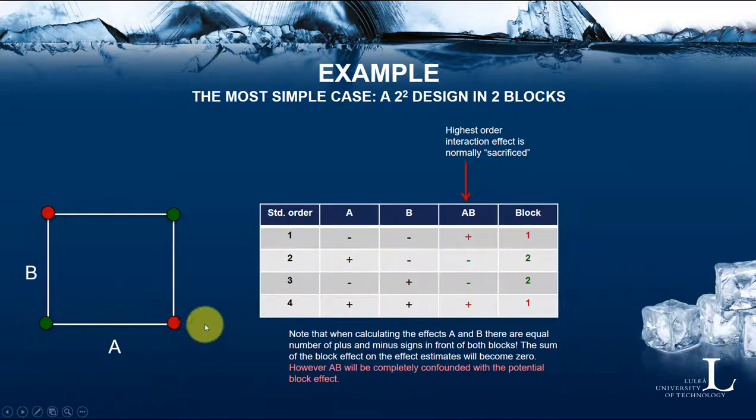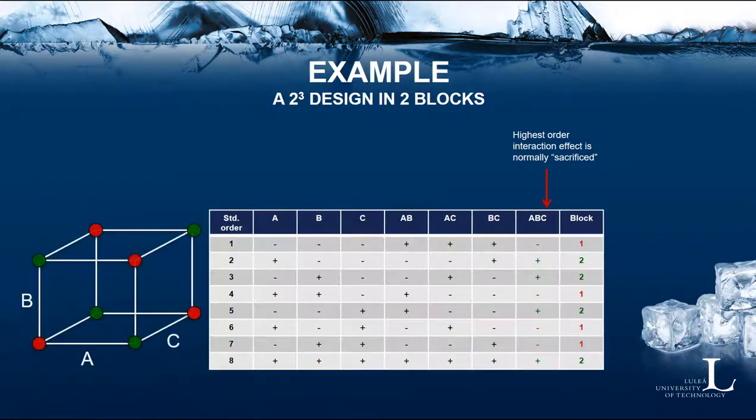Here is a symbol of which design runs we allocate to different blocks. The red ones are block number 1 and the green ones are block number 2. Okay, so let's take a look at the 2 to the 3 design in 2 blocks. The same idea: we choose the highest order interaction term available, ABC here.